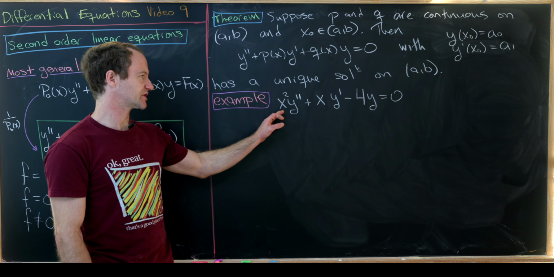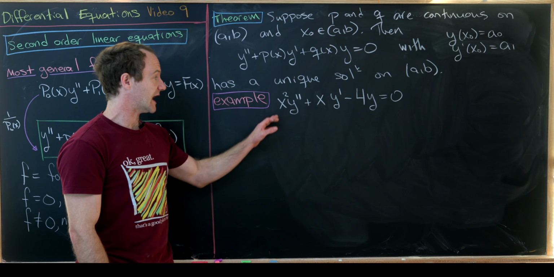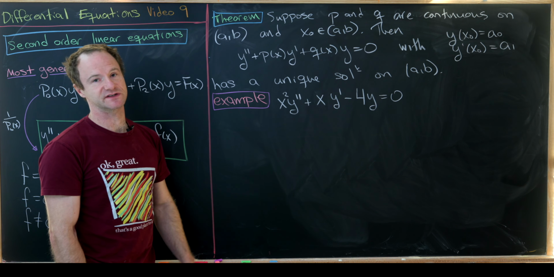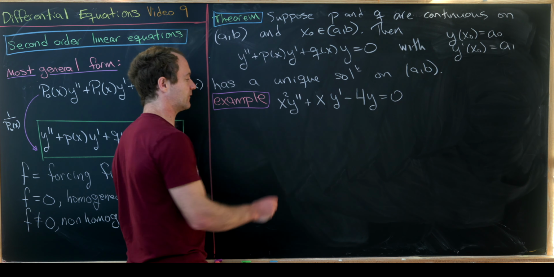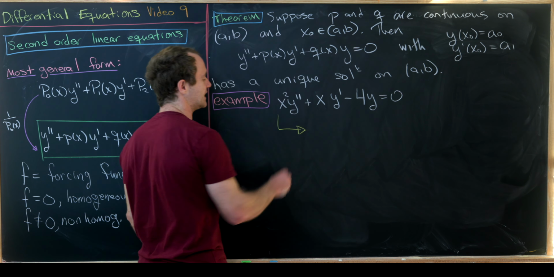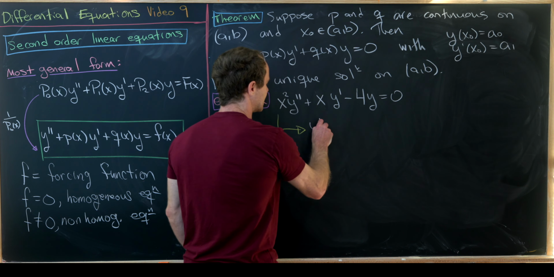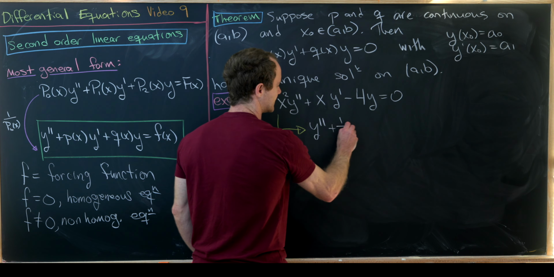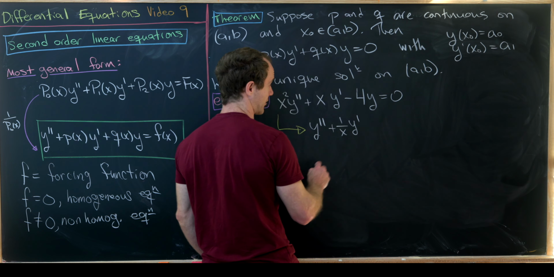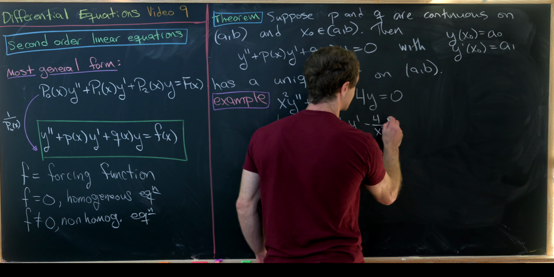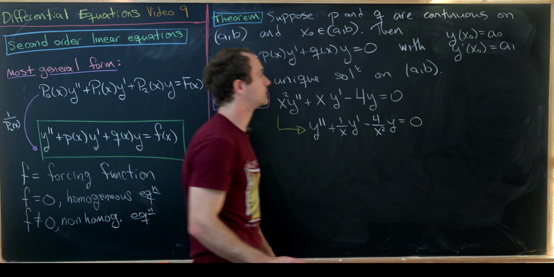So we've got a differential equation x squared y double prime plus x times y prime minus 4y equals 0. So that isn't quite in this form yet. So let's put it into that form by multiplying by 1 over x squared. That gives me the differential equation y double prime plus 1 over x times y prime minus 4 over x squared times y equals 0.